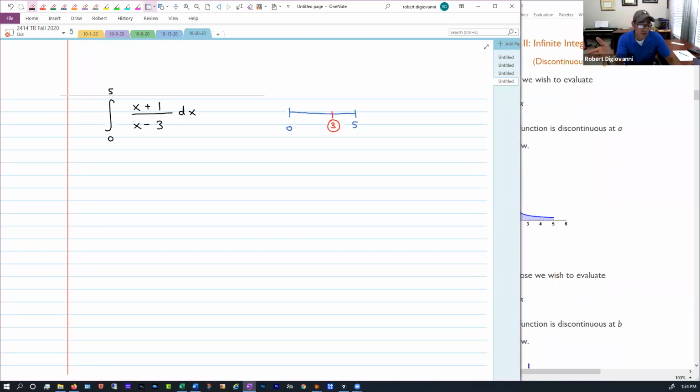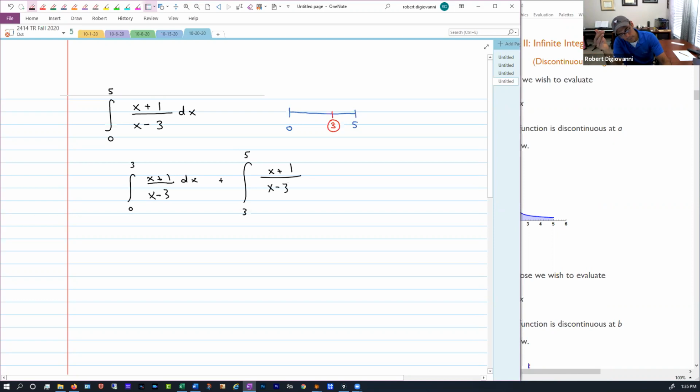Okay, so this problem is just like the previous one. We'd have to split this up into two integrals. We'd have to go from 0 to 3 first, and then from 3 to 5. On the first integral, we would change that to a limit as t approaches 3 from the left, because we're dealing with that piece first.